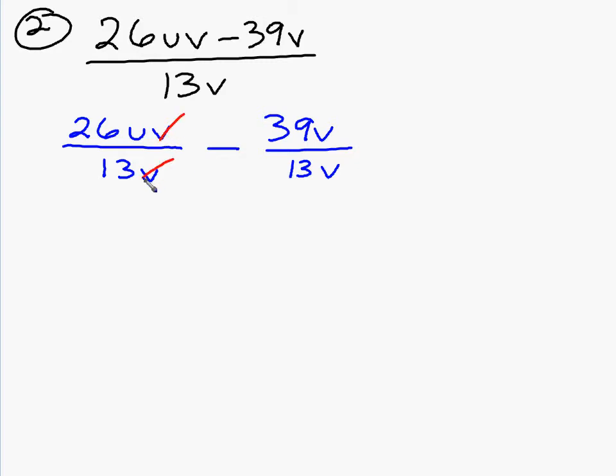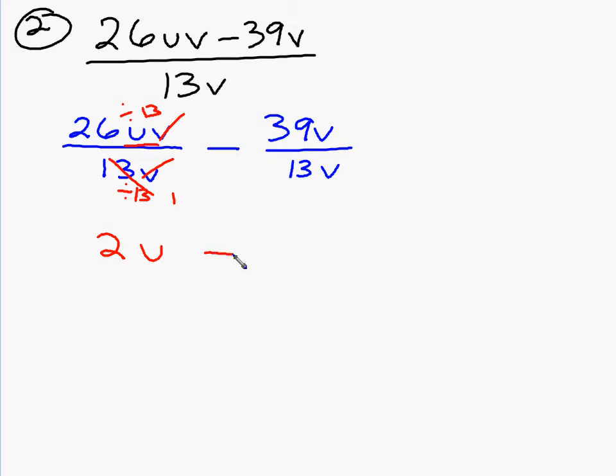They just go away and become 1, and then I can divide the top and the bottom by 13. So 26 divided by 13 is 2, but there's still a u here. 13 divided by 13 is just 1. So I'm just going to have a 2u on that first term. It's technically 2u over 1, but we don't have to write it if it's just over 1.